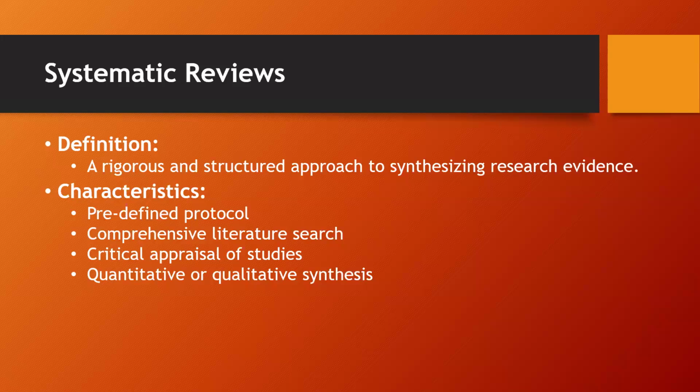Without that structured plan, you can't start a systematic review. The second characteristic is the comprehensive literature search. You have to search various databases. Only one database is not enough. You have to search Medline, Scopus, CINAHL, Central, Embase. So you have to search lots of databases.